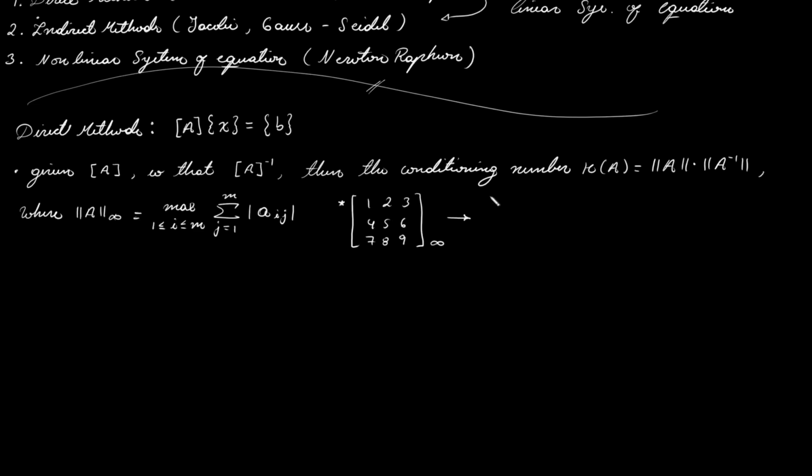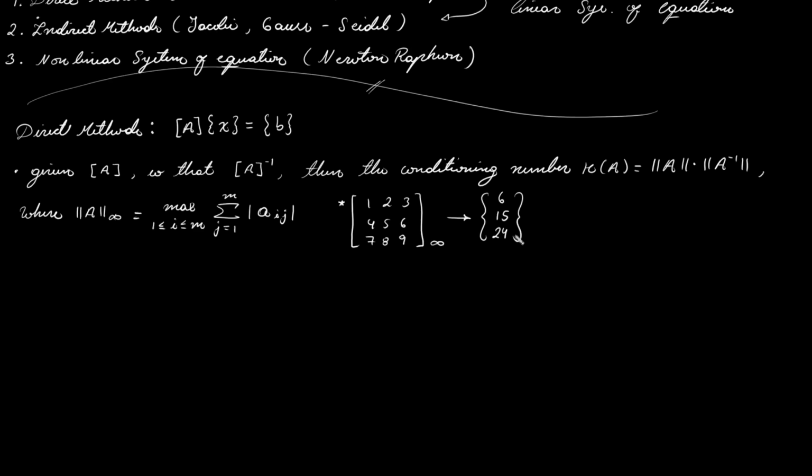So 1 plus 2 plus 3 gives me 6. 4 plus 5 plus 6 will be 15, I think. And then 7 plus 8 plus 9, I'm going to use a calculator because I'm just lazy, and that's going to be 24.